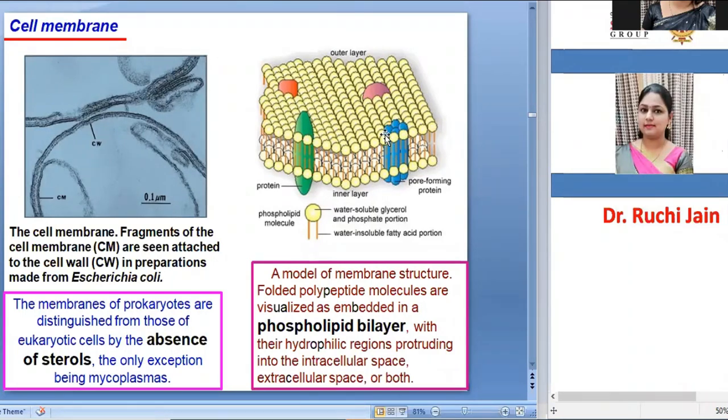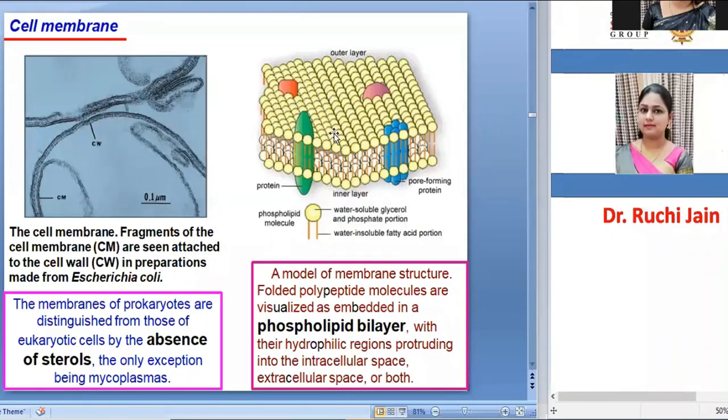And inside the plasma membrane, there are numerous types of protein. Basically three types of proteins are there. Some are present peripherally, so they are called peripheral proteins. Some are present integrally, these are called integral proteins, and some are transmembrane proteins. They can move outside, inside, throughout the plasma membrane.